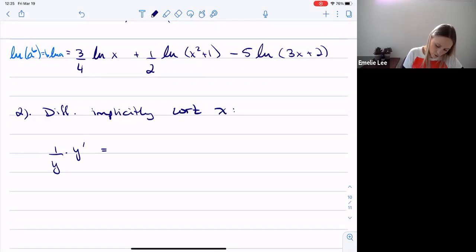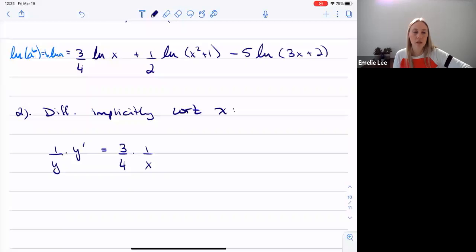And then, now I'm on the right-hand side, the derivative of 3 over 4 times the log of x is just 3 over 4 times 1 over x. Oops, sorry, 1 over x. Kind of moving through these, right? Because we've already worked with finding the derivatives of these logs with the chain rule inside.